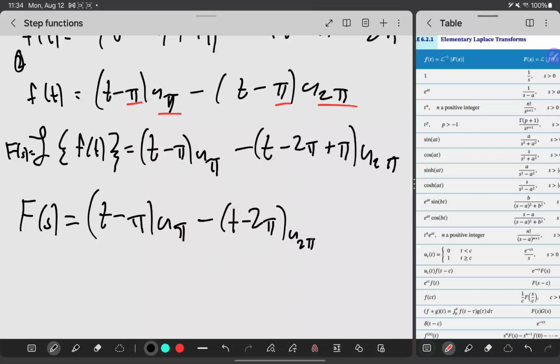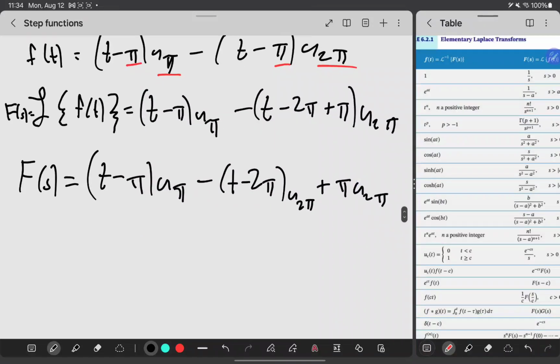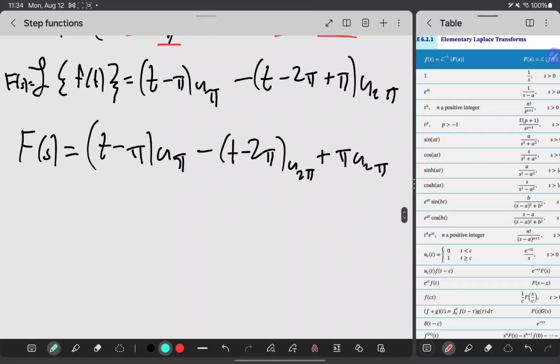Then we're going to have a different Laplace transformation for this one, right? So now they match, right? Matches.